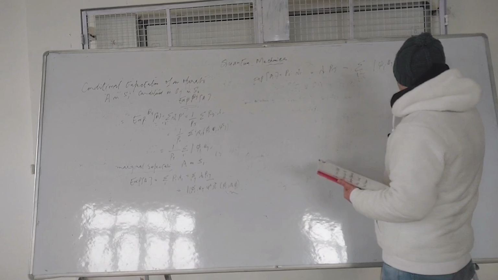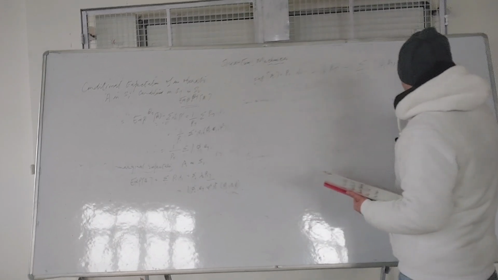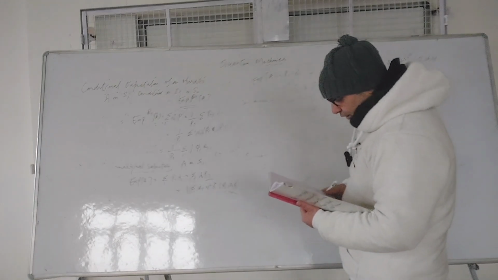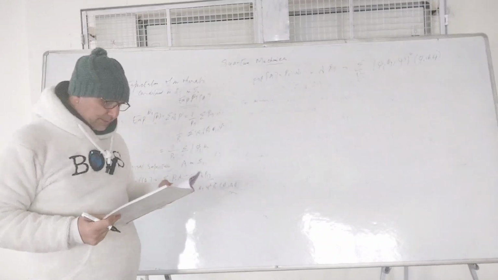It's the square of probability phi I a phi I. Now the question is how we can introduce projection operators.